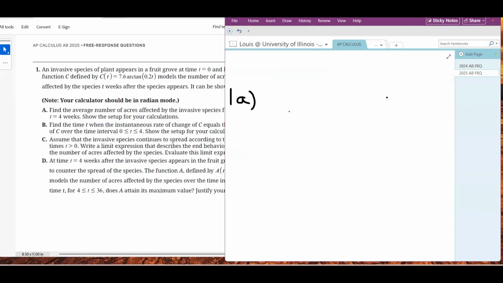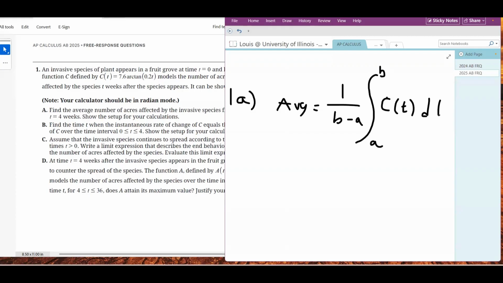Average is equal to 1 over b minus a, times the integral from a to b of c of t dt.